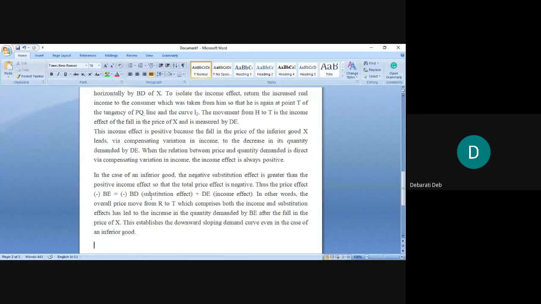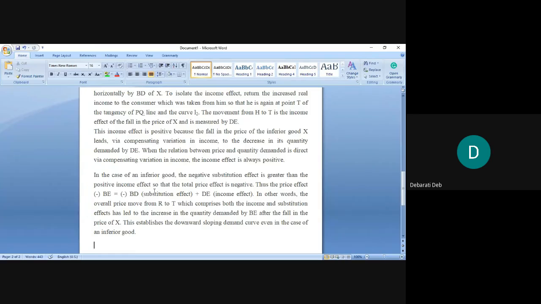What does it indicate if this substitution effect is written as negative? Listen to me very carefully. These are all tricky questions which might be asked, and you should be able to answer this.